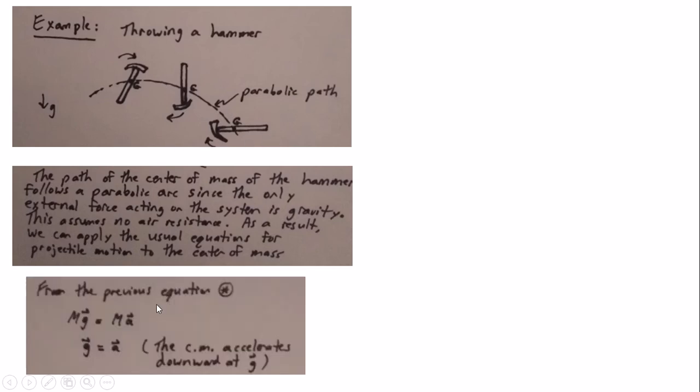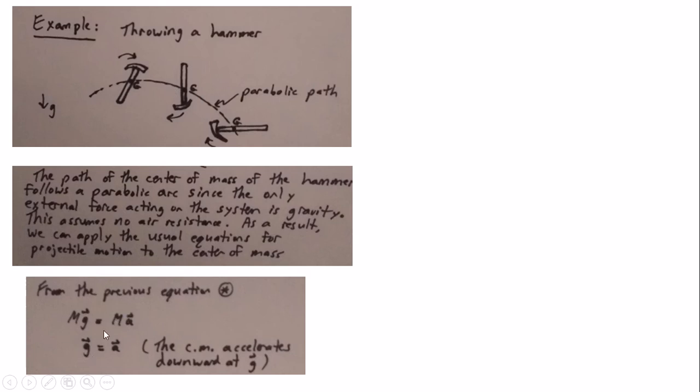Looking at the previous equation marked star, we can say that large M times G, where G is the gravitational acceleration vector, is equal to large M times A, where A is the acceleration vector for the center of mass of the hammer.